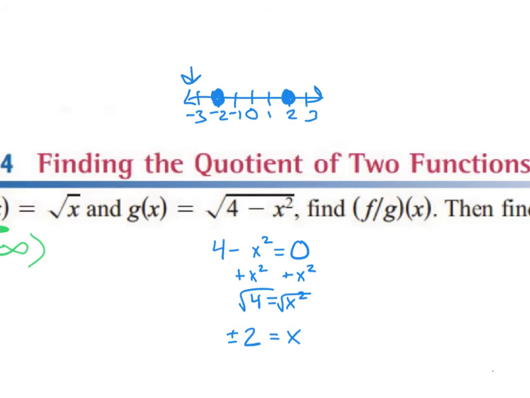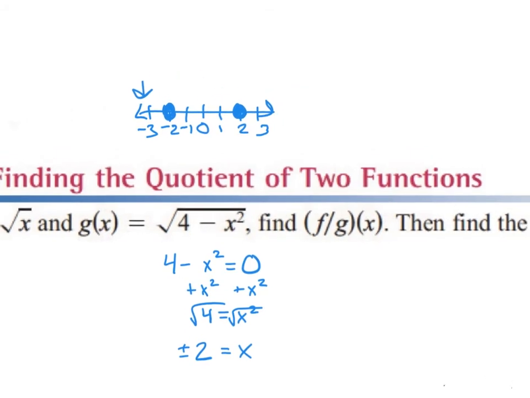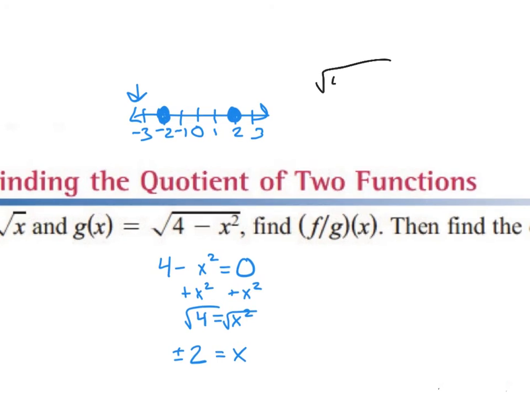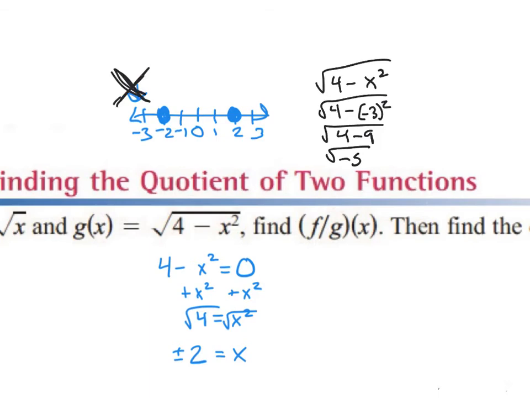So if we plugged in negative 3 into our square root of 4 minus x squared, we would have the square root of 4 minus negative 3 squared, which is the square root of 4 minus 9, which is the square root of negative 5. We can't have the square root of a negative, so negative 3 would not be in our domain. So we can put a big X here because we know our domain's not going to include the outside here.